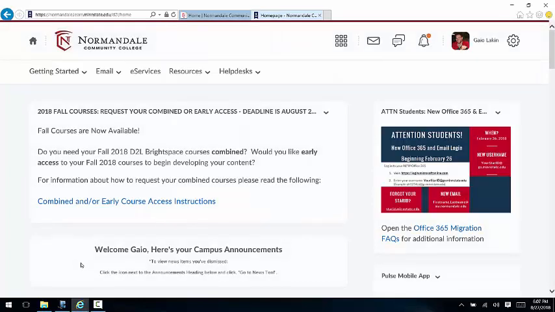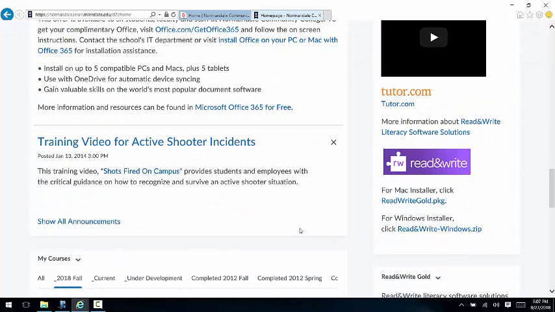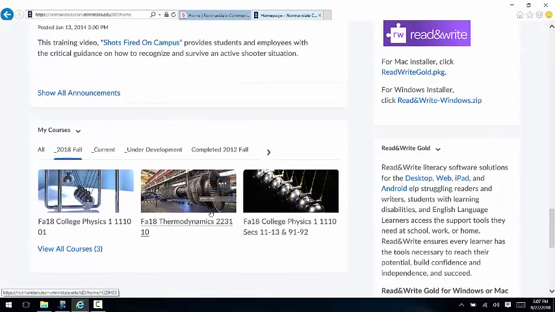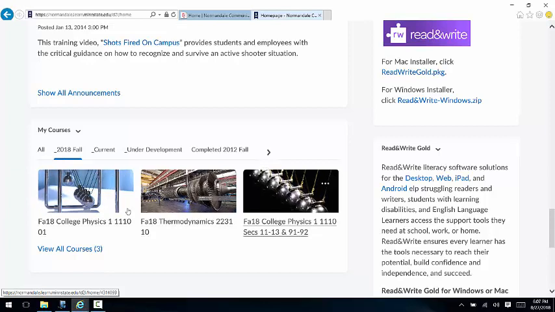And you'll see a list of any classes you're taking down here at the bottom. So these are the 2 classes I'm teaching and one sort of related one. This is College Physics 1110. So click on that and that'll take you to the D2L page for this class.